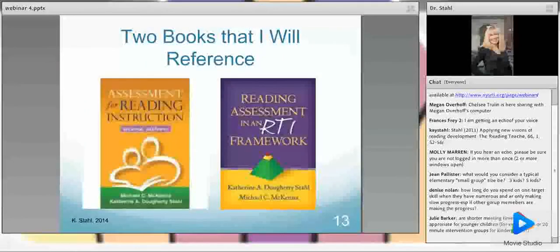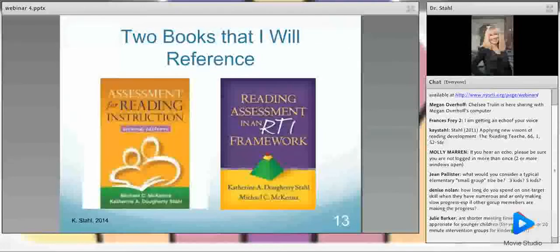As we continue in our presentation, these are the 2 books that I will be referencing. So if you hear me reference particular assessments, all of those assessments, including reproducible forms of those assessments, are found in the first book, Assessment for Reading Instruction.